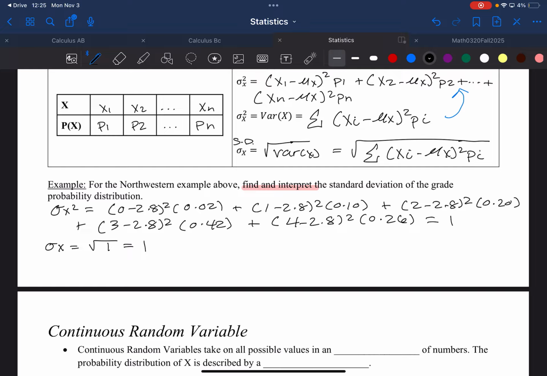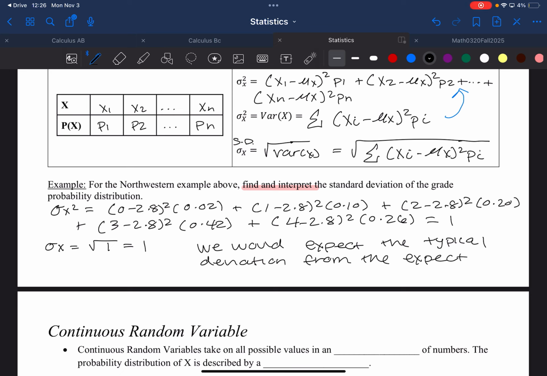So the interpretation for every single standard deviation problem is always going to look like this. We would expect the typical deviation from the expected value to be 1 or 1 letter grade.